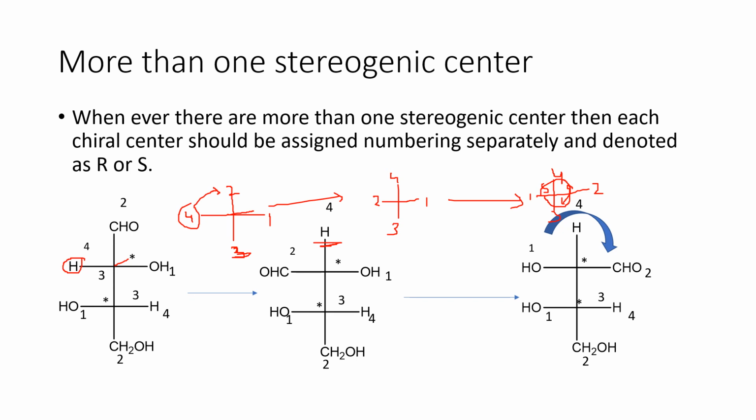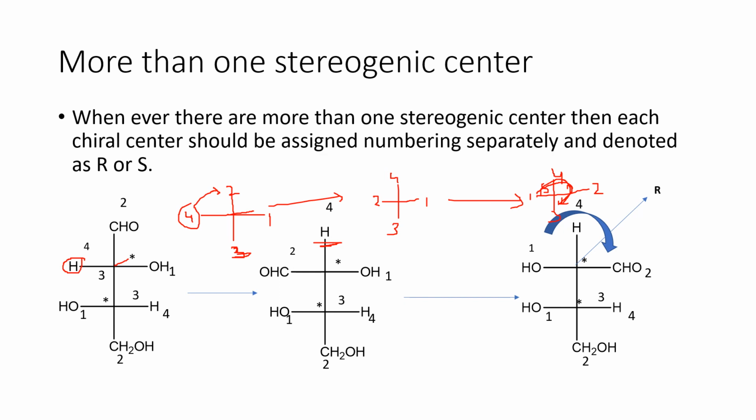Okay, so now the configuration is given. So 1 is moving to 2 and 3. This is the direction 1, 2, 3, and therefore we can assign the configuration as R.